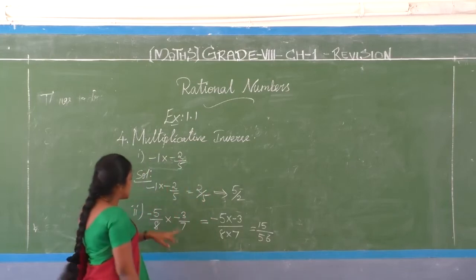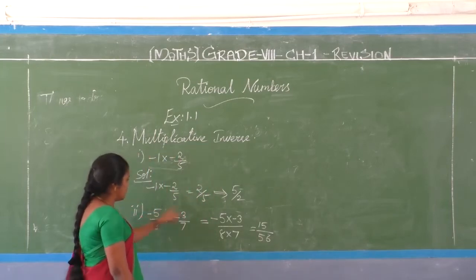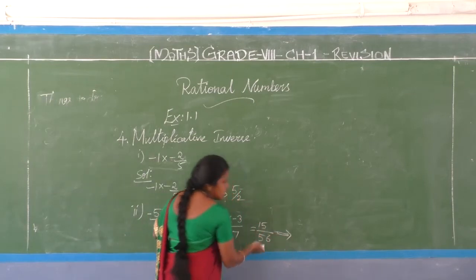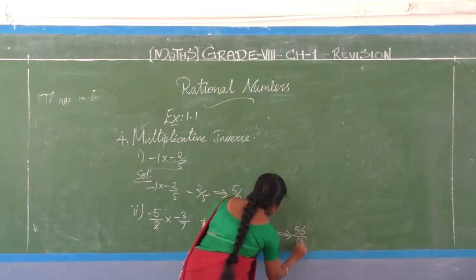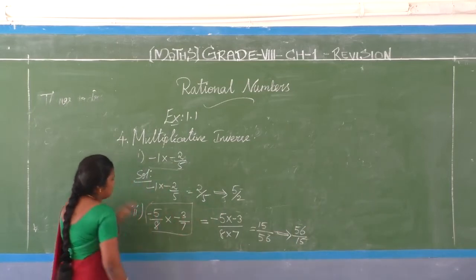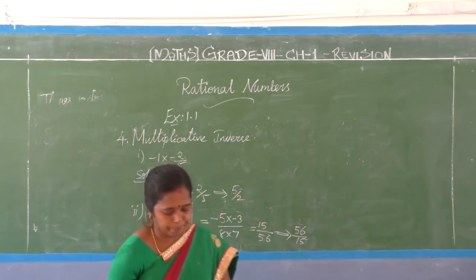This is the answer for this product. But what are we finding? The reciprocal of the given form. So this we have to reciprocate. Reciprocal means interchange the parts. So 56 by 15 is the reciprocal of the given form, minus 5 by 8 into minus 3 by 7. Clear?